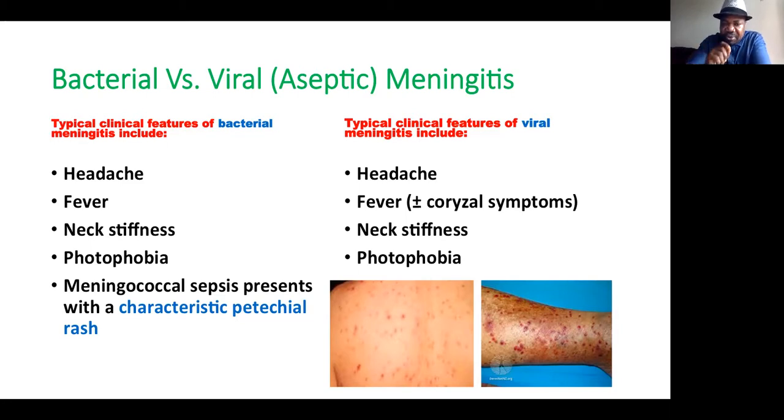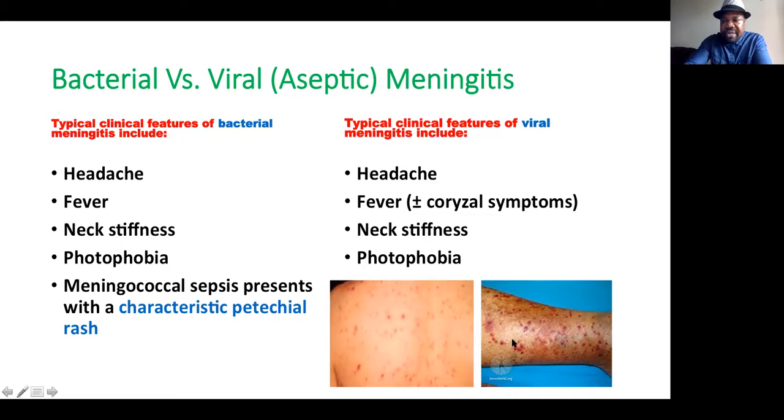So that meningococcal sepsis presents, in addition to those classic signs of meningitis, with a characteristic petechial rash that you can see here in this patient on the back and also on the legs. This is what we call petechial rash.